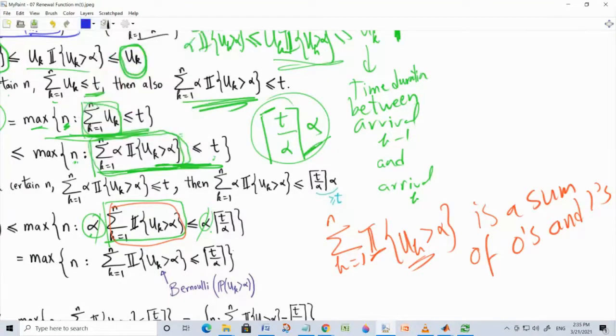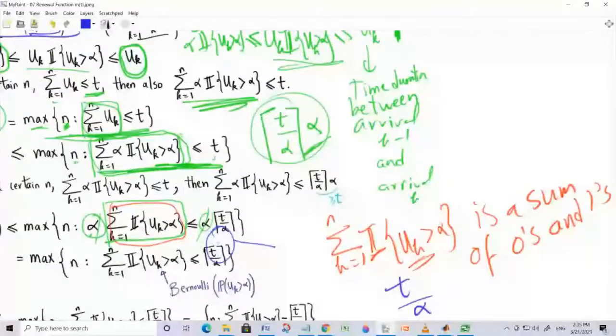Moreover, here we have a ceiling. We take t, which can be any parameter of our choice, and divide it by alpha, which we choose. It will depend on the exact distribution of u, but it exists once we assume that u is strictly positive with probability 1, and then we take the ceiling, and so that's another integer.